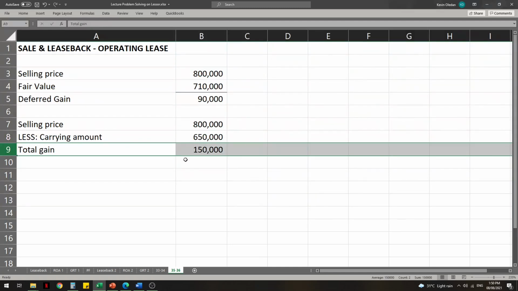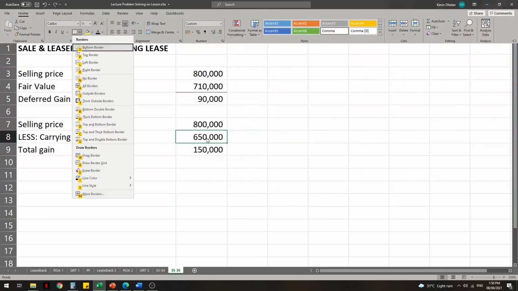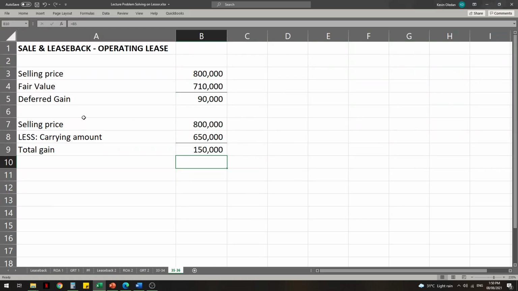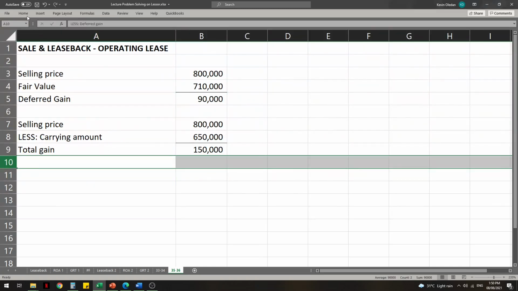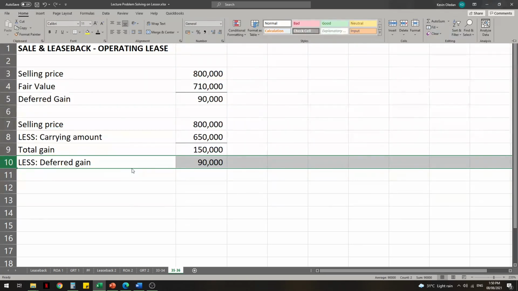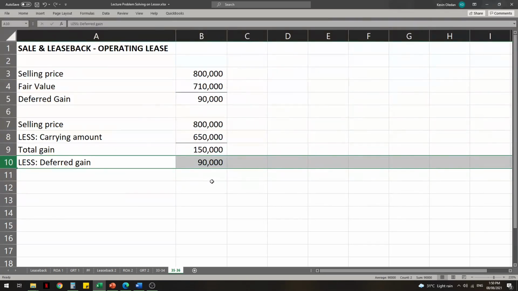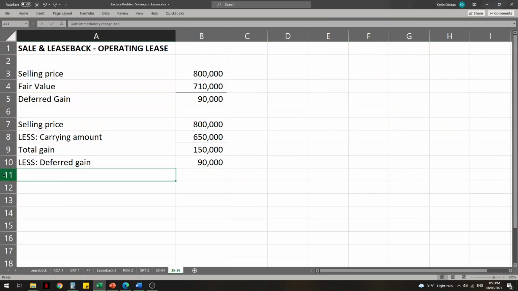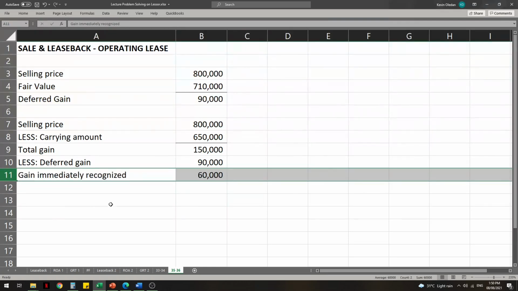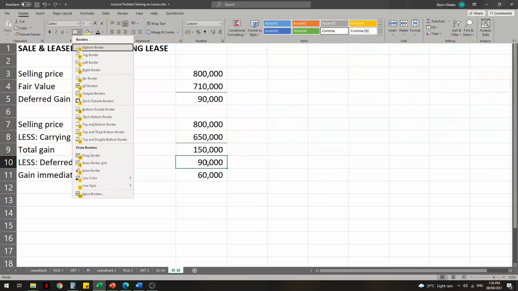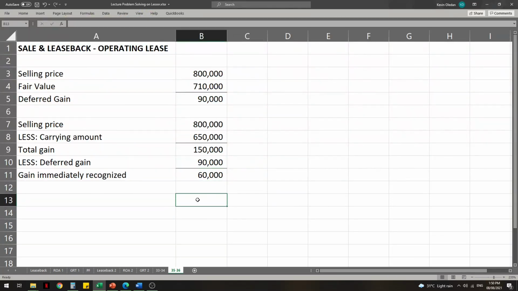This is actually gain on sale, diba? That's what we call the total gain. Pero of that total gain, because there is a rule on deferred gains, this total gain cannot be recognized immediately yet. You need to separate the gain that relates to deferred gain in order for you to get the amount of gain that will be recognized immediately.